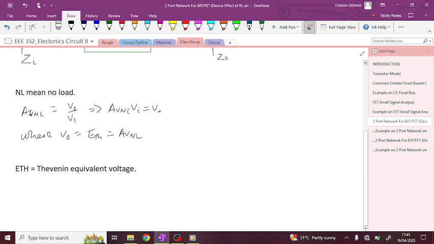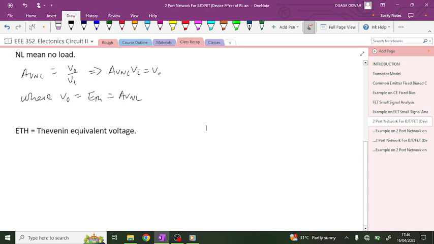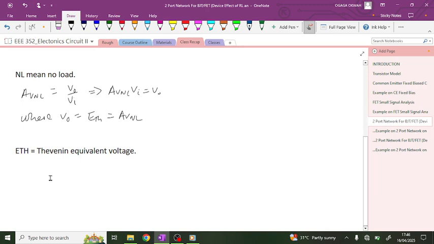If you cross multiply, the output voltage will be AVNL multiplied by the input voltage VI. The output voltage VO is the Thevenin voltage, ETH, which equals the voltage gain at no load times the input voltage.